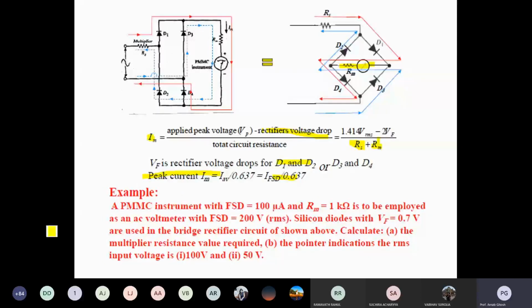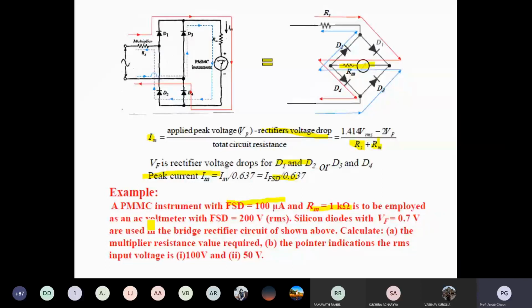So there is one example. The PMMC instrument with FSD equals 100 microampere and RM given as 1 kilo ohm is to be employed as an AC voltmeter with FSD equals 200 volt RMS. The silicon diodes have forward voltage of 0.7 volt.